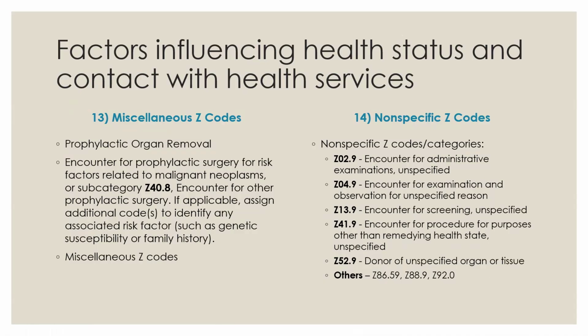So, for prophylactic organ removal. For encounters specifically for prophylactic removal of an organ, such as prophylactic removal of breast due to a genetic susceptibility to cancer or a family history of cancer, the principal or first listed code should be a code from subcategory Z40.0 for encounter for prophylactic surgery for risk factors related to malignant neoplasms, or subcategory Z40.8 for encounter for other prophylactic surgery.